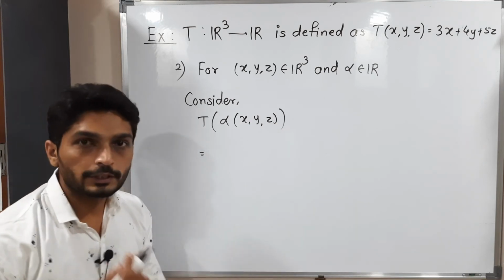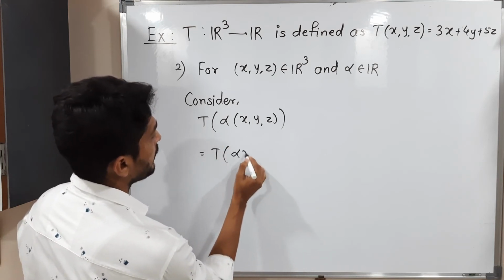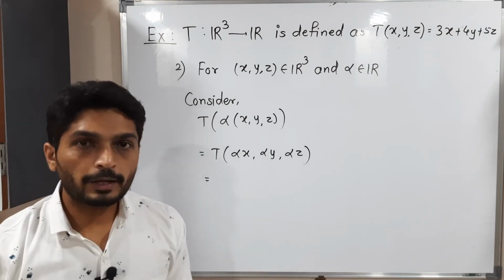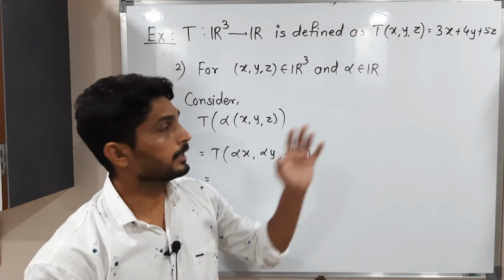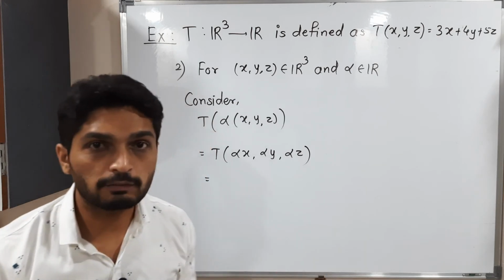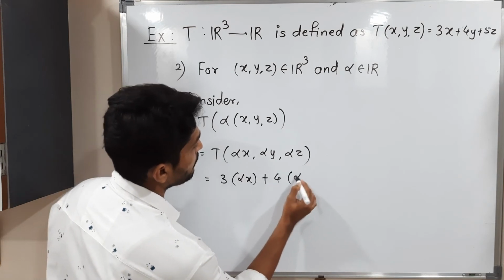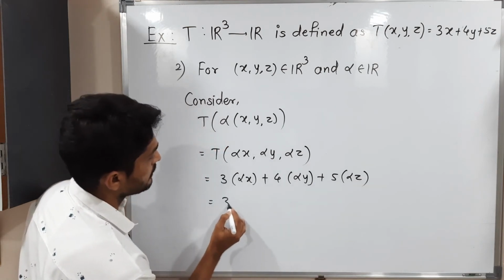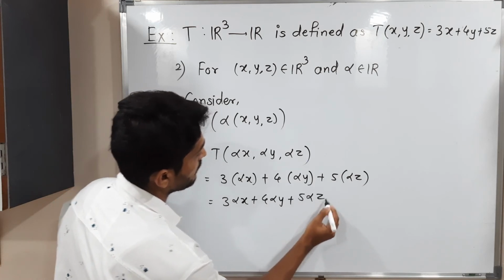First we need to multiply each component by alpha: alpha x, alpha y, alpha z. After that we have to use the definition of T, which says 3 into first component plus 4 into second component plus 5 into third component. So 3 into alpha x, 4 into alpha y, and 5 into alpha z. So this is 3 alpha x plus 4 alpha y plus 5 alpha z.